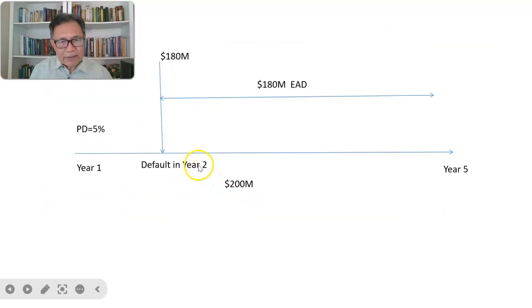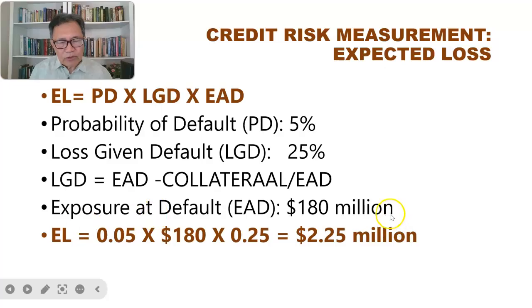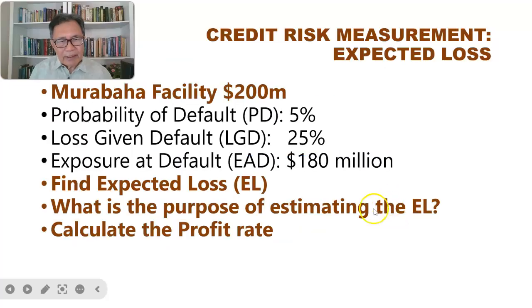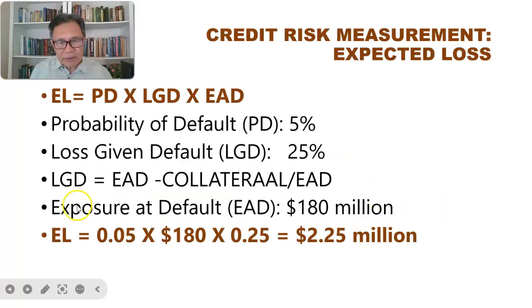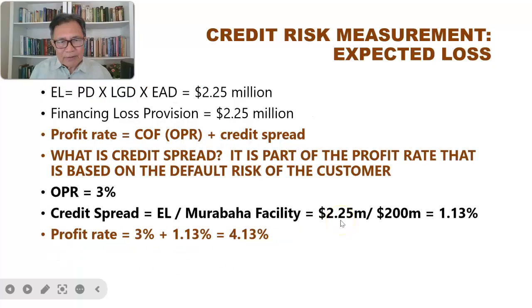So we have calculated the expected loss at 2.25 million. And then what is the purpose of estimating the expected loss? So what is the use of this number of 2.25 million that we have gotten from this calculation? So what is the purpose?